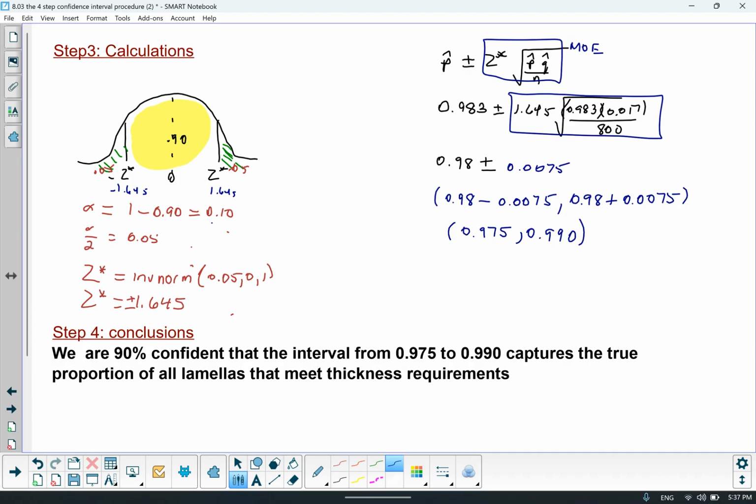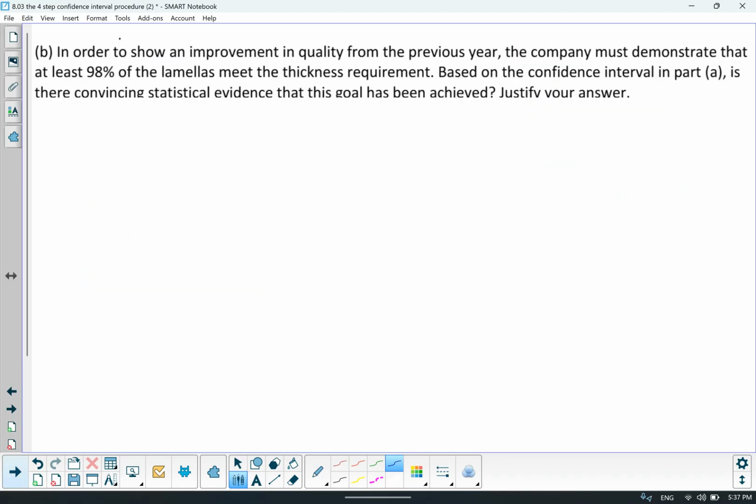Now, there was a part B to this question. In order to show an improvement in quality from the previous year, the company must demonstrate that at least 98% of laminas meet the thickness requirement based on the confidence interval.